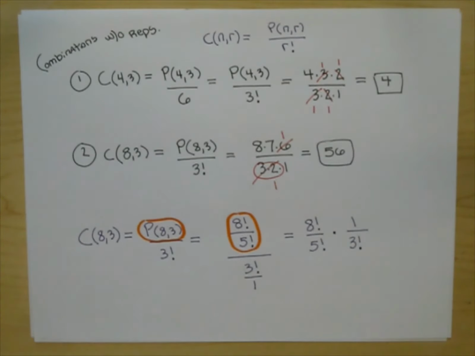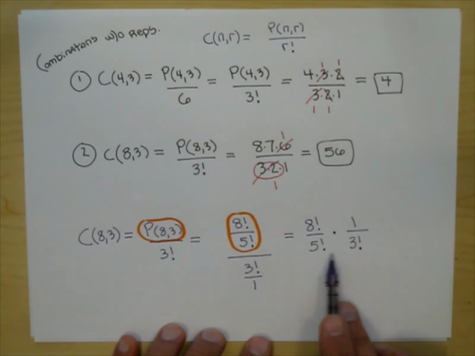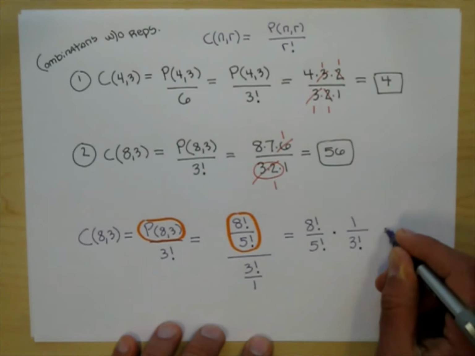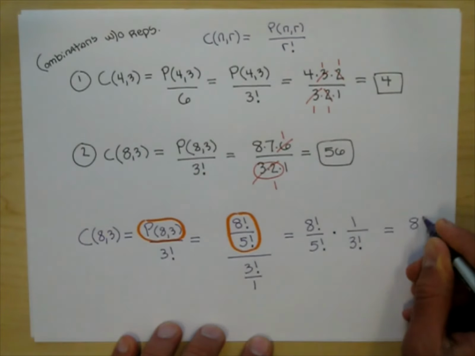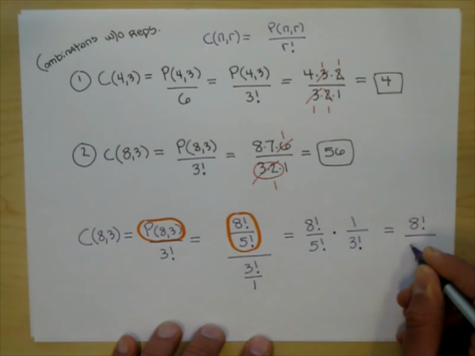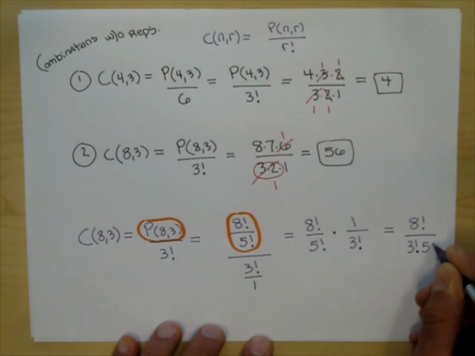So that is what I have there. And what I'm going to do is, I think I'll write the bottom, it's just multiplied, in a different order. This thing gave me 8 factorial on the top, and on the bottom we have 3 factorial, so I'm writing that one first. 5 factorial.